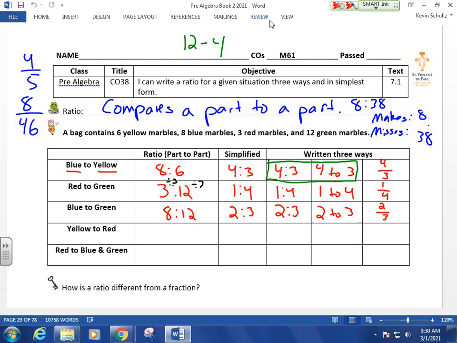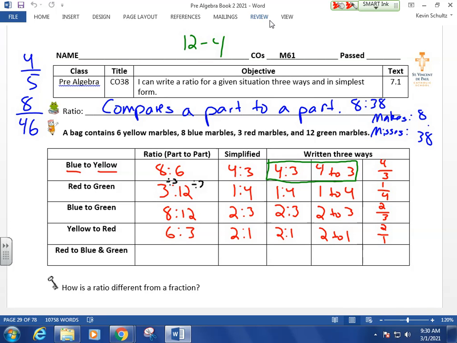So, Yvonne. 6 to 3. In simplest form? 2 to 1. 2 to 1. That means there are twice as many yellow as there are red. For every 2 yellow, we've got 1 red. Written 3 ways with a colon, the word, or if we're talking about slope, up 2 over 1, written like that.